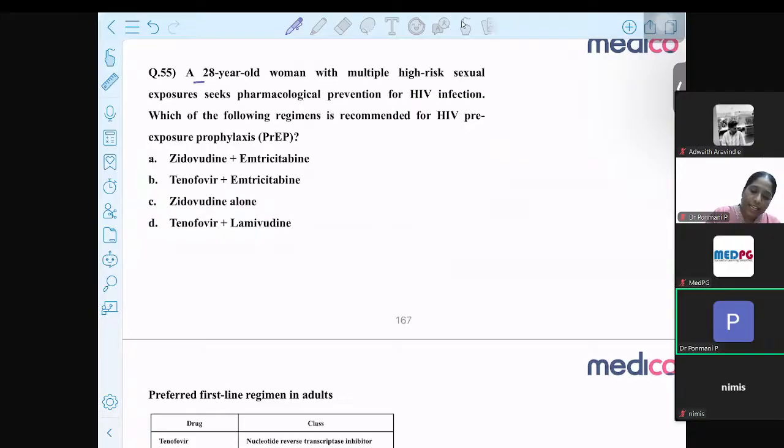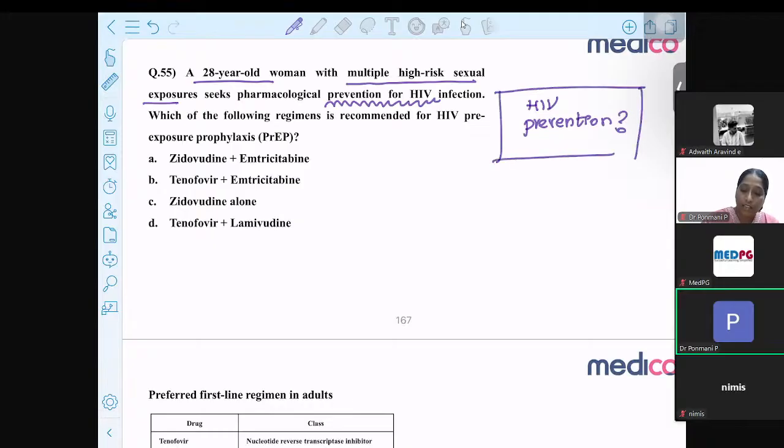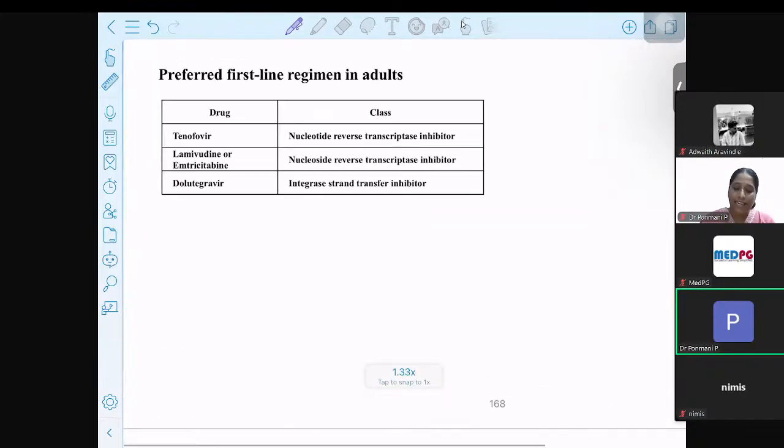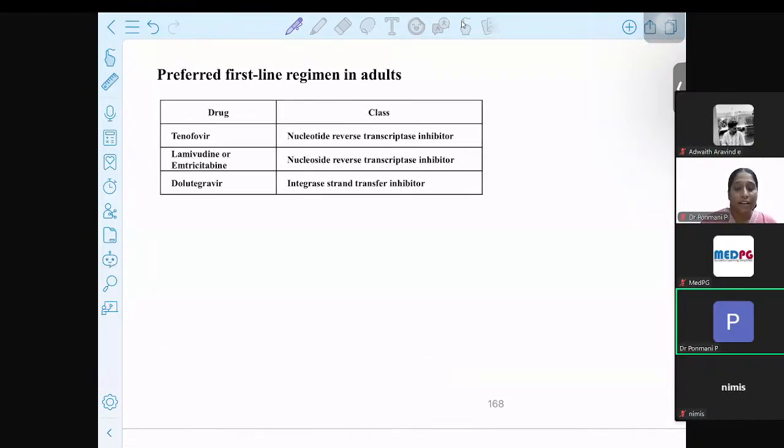Clear? So now we will move to the next question. A 28-year-old woman with multiple high-risk sexual exposures is seeking prevention for HIV infection. So they are asking which regimen is used for HIV prevention. This is very important, so please pay attention here. What is the preferred first-line regimen in adults? The preferred first-line regimen is the TLD regimen.